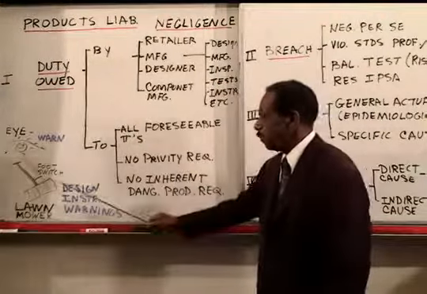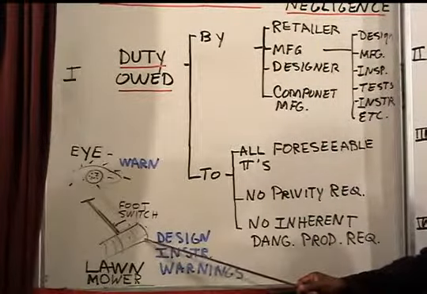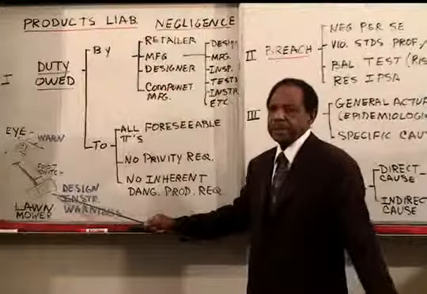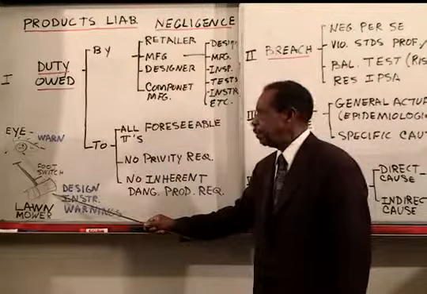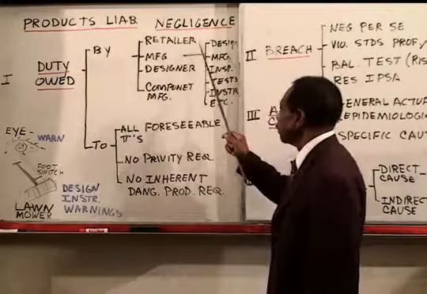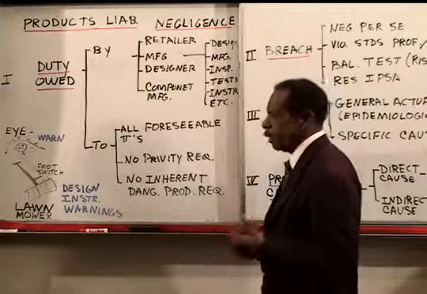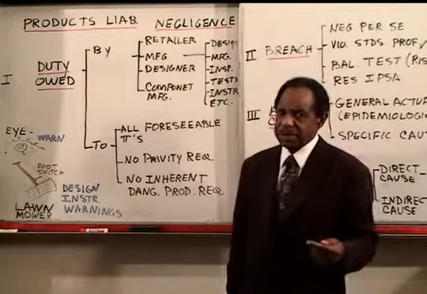This lawnmower, for example, was purchased in a box at a store, and so of course the retailer didn't even have an opportunity to inspect. No duty to inspect that. So the retailer can be negligent by, in those minority of jurisdictions, failure to inspect complex machinery.